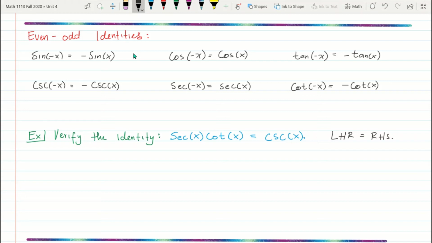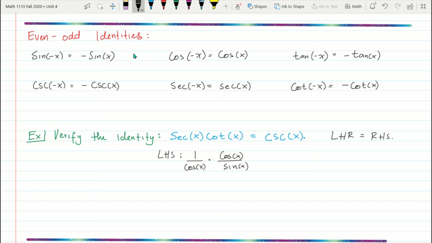Well, let's try to write secant and cotangent in terms of sine and cosine. So I'm going to work on the left, and I'll let that kind of signify this, right? That I'm modifying the left-hand side, and I am doing secant is the same thing as 1 over cosine of x times what is cotangent? Cotangent has a definition of cosine over sine.